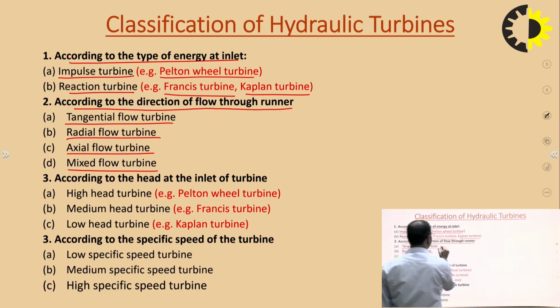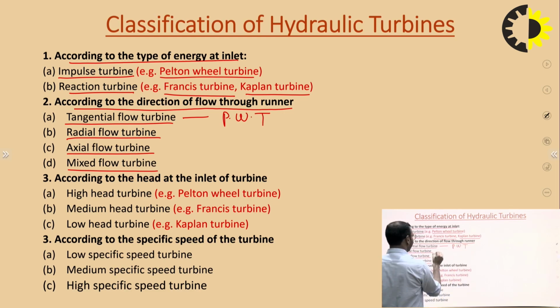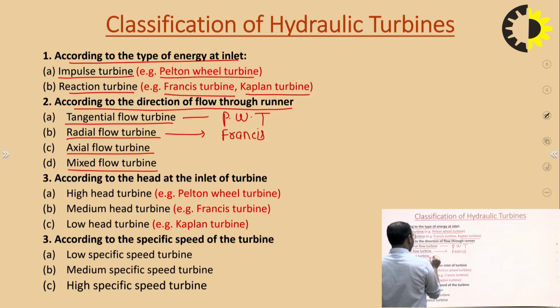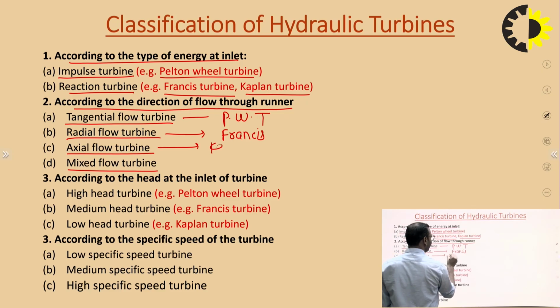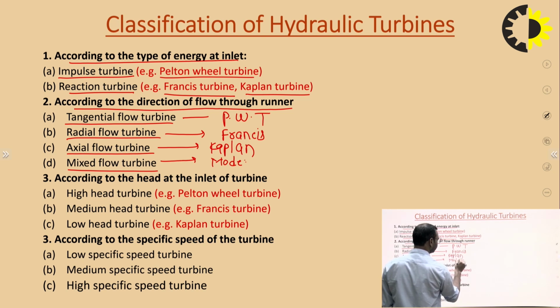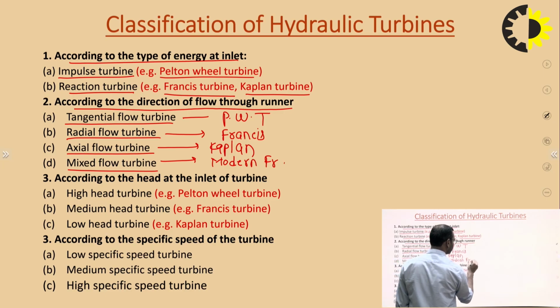So, tangential flow turbine example: Pelton wheel turbine; radial flow turbine example: Francis turbine; axial flow turbine example: Kaplan turbine; mixed flow turbine example: modern Francis turbine.